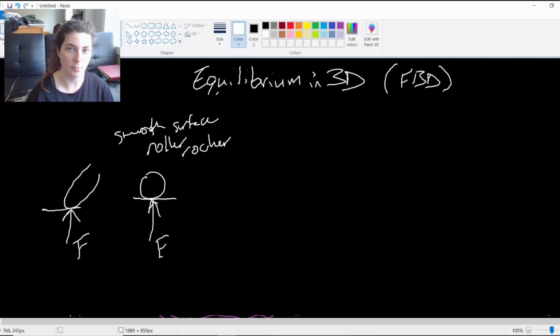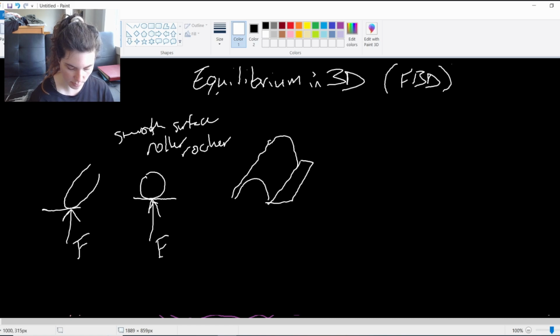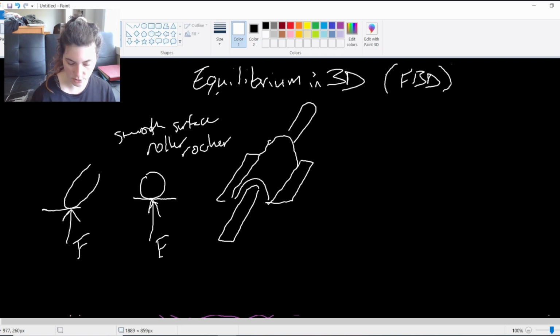You'll also still see the pinned connections that we saw in 2D. They'll usually look something like this, with these flat plates on the side maybe, and you have a pin or a rod going through them. And these are going to be locked in the, I want to call them up and down directions, but it's not quite right.